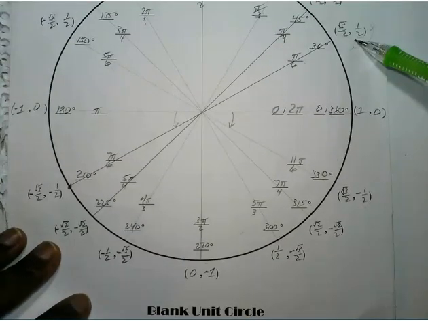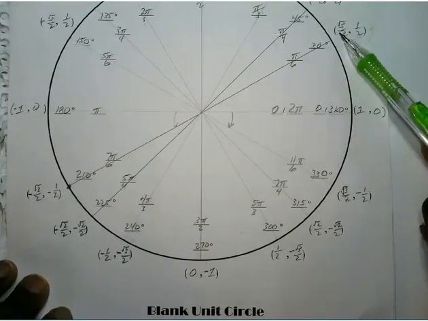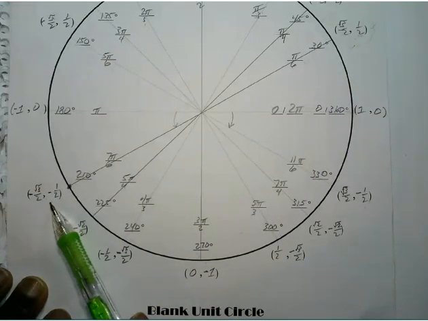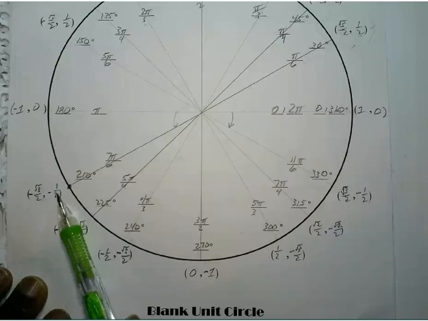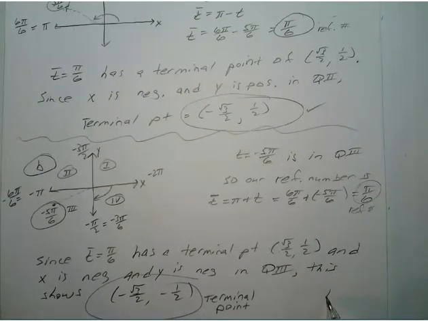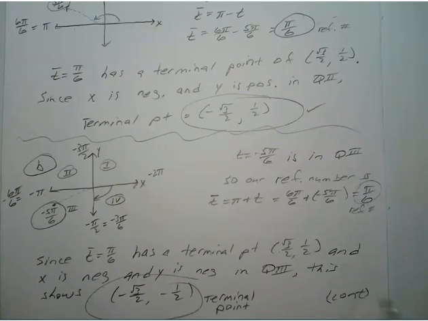That's all. Once you do that, you say, okay, that reference number over here is just telling me that in this quadrant, both of those will be negative. That's all it's doing. All right. Okay, so let's go ahead and continue on the next page because we still have C and D.